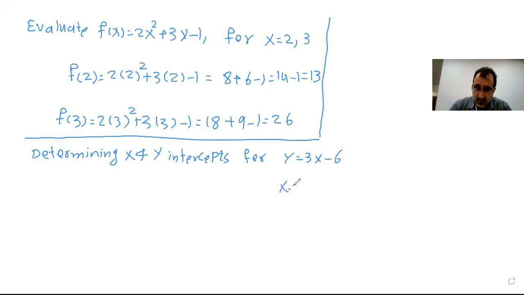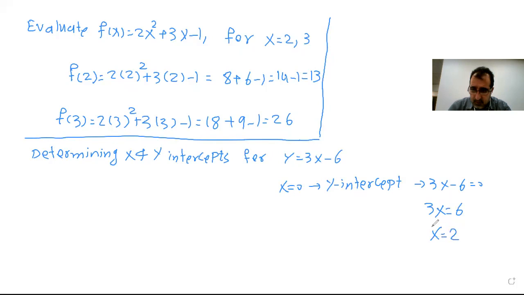The y-intercept means x equals 0. Then we have 3x minus 6 equals 0, so 3x is going to be 6, and x is going to be 2.